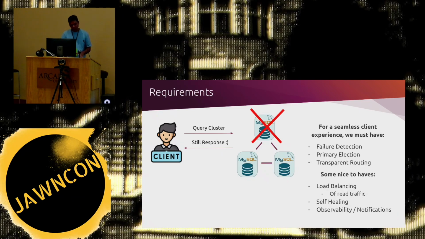For example, a node goes down and you would want to get a notification so that you can provision a new node, maintaining a minimum level of availability in your cluster, especially if you have read traffic being distributed across the cluster. A node going down means a reduction in read performance, so you get notifications, you can add a new node, and then your traffic goes back to normal.